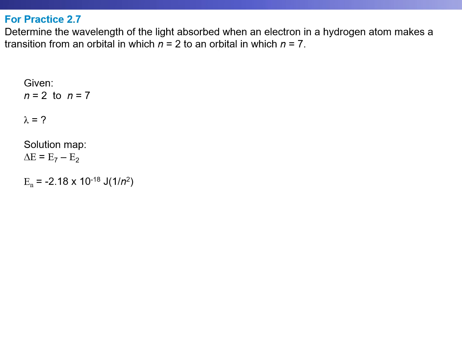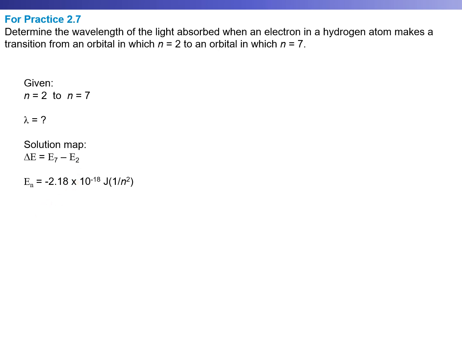We're going to use this formula, where the energy of the electron in a particular principal, n, is equal to -2.18 times 10 to the -18 joules over that principal value squared. We're going to do this calculation for the 7th orbital and the 2nd.